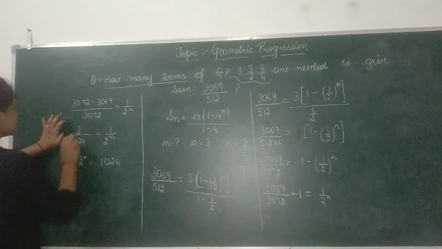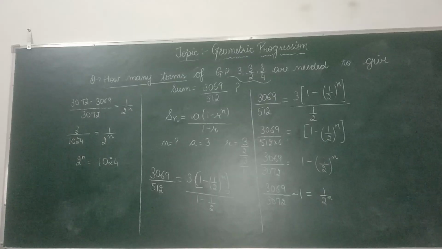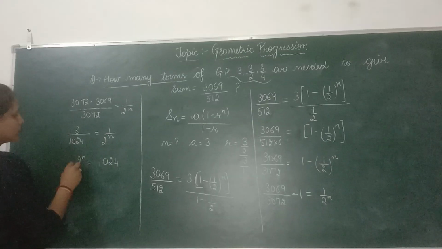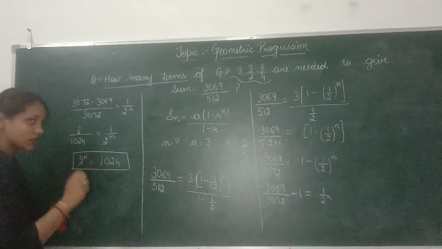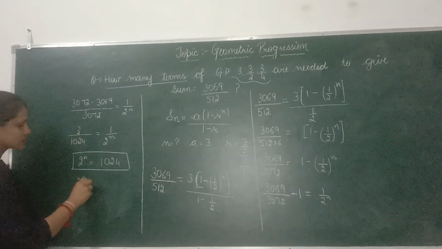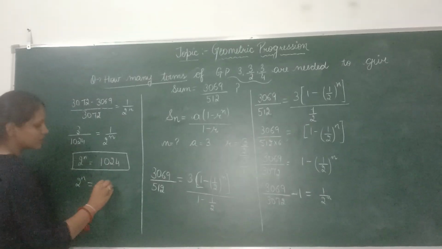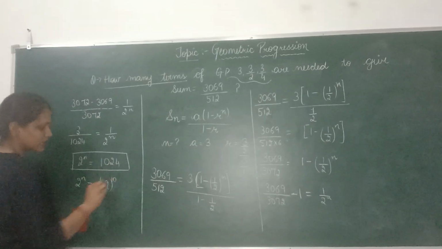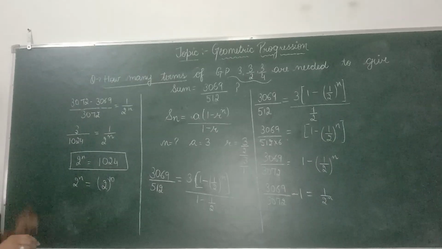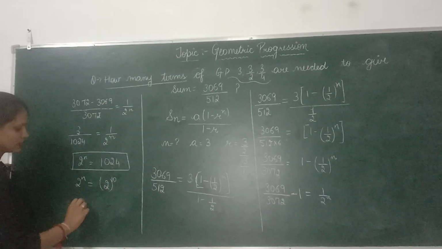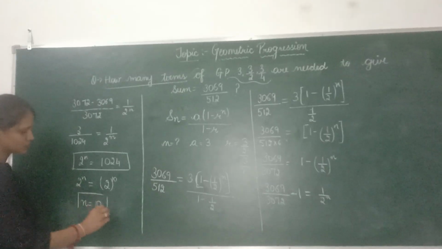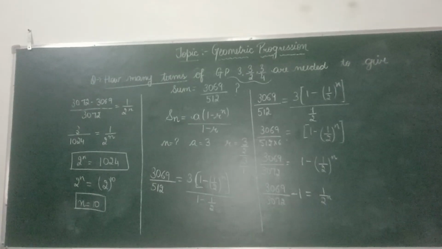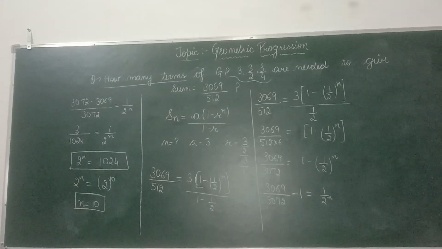By calculating these equations, you can get 2 power N is equal to 1024, and this 1024 can be written as 2 power 10. So by equating the powers, you can get the value of n is equal to 10. Okay, so moving on to the next question.